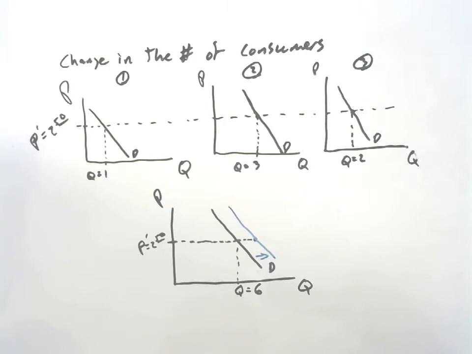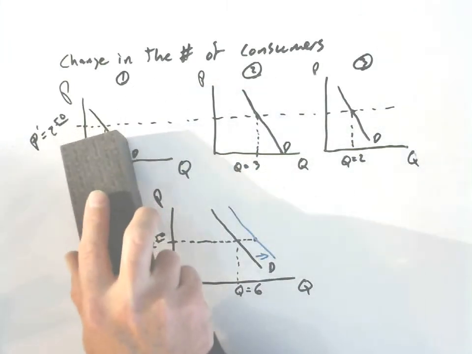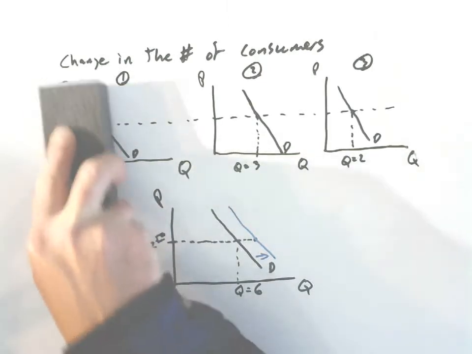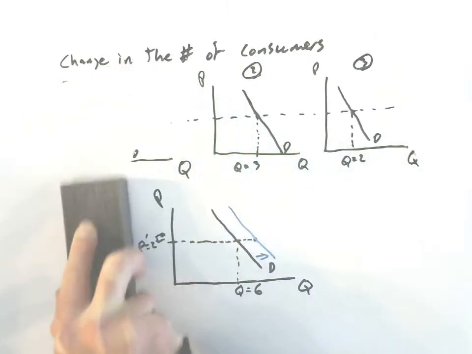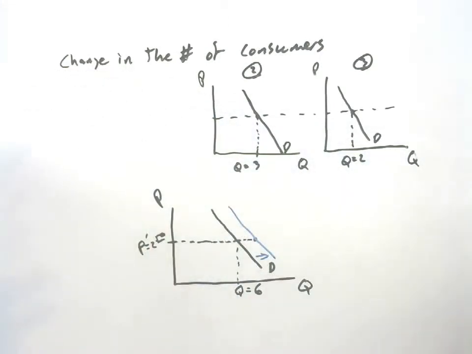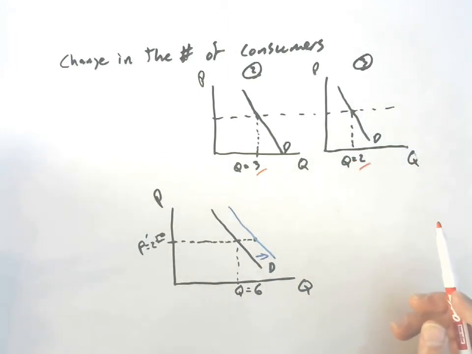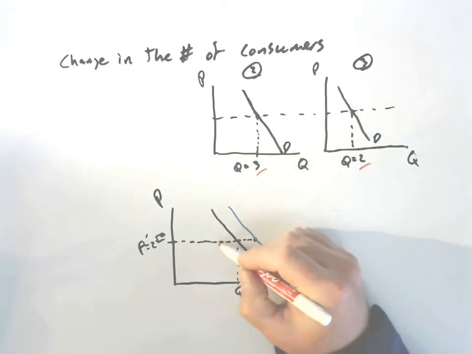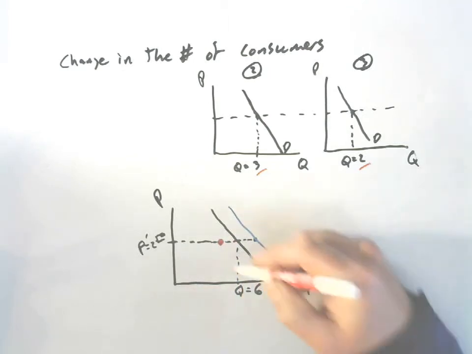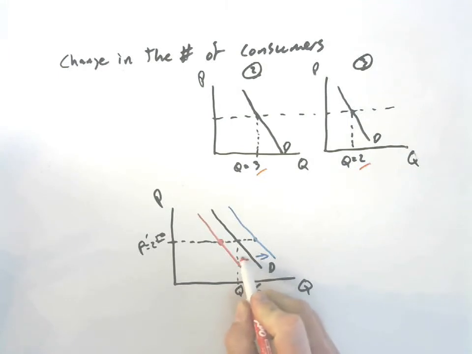Let's assume consumer number one, this friend of yours here, becomes a vegetarian and doesn't eat hamburgers anymore. Well, we would erase that person's demand from the market, and what we would have left is at $2.50 there would be 5 hamburgers desired in the market. So we would come over here, 1 hamburger, and that would be our new market demand for hamburgers.